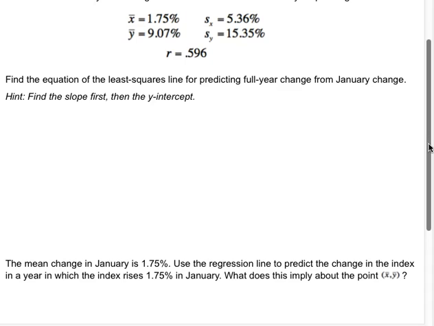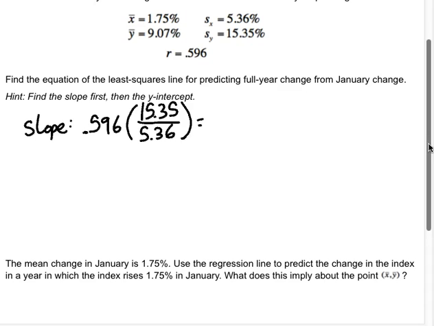So I would always start with slope. Okay, and if you flip back, it says the slope is R, which is 0.596, times standard deviation of y, which is 15.35, divided by the standard deviation of x, 5.36.